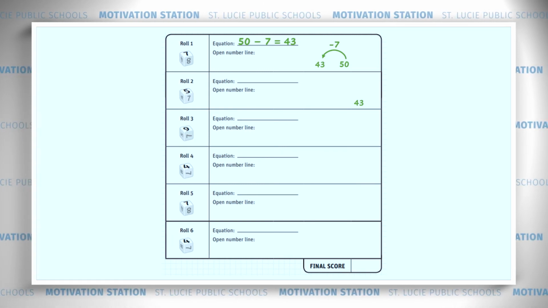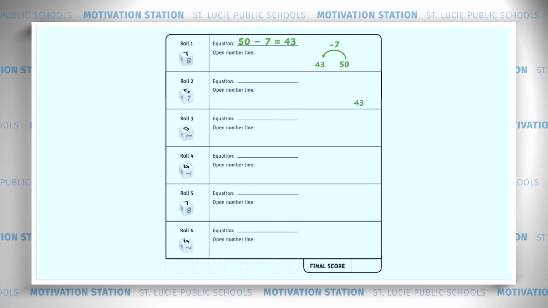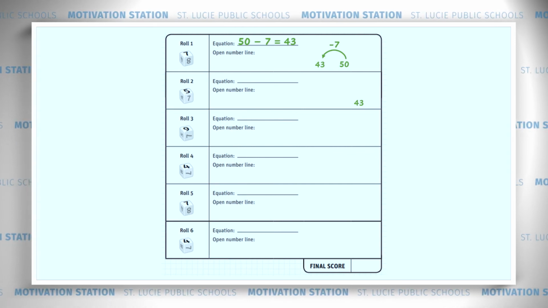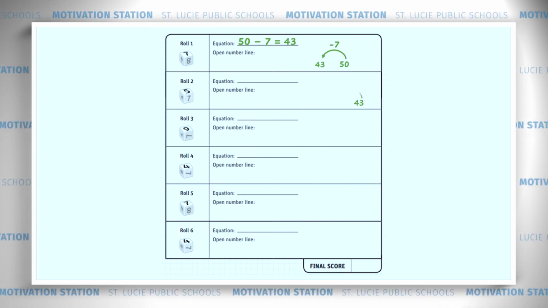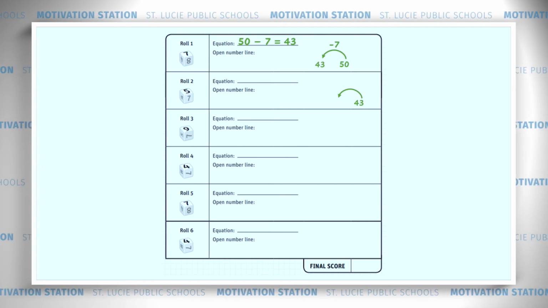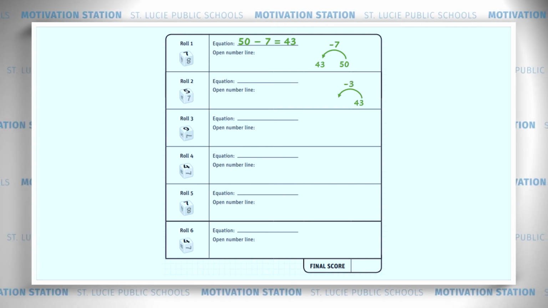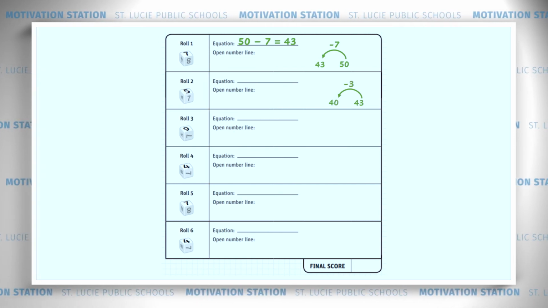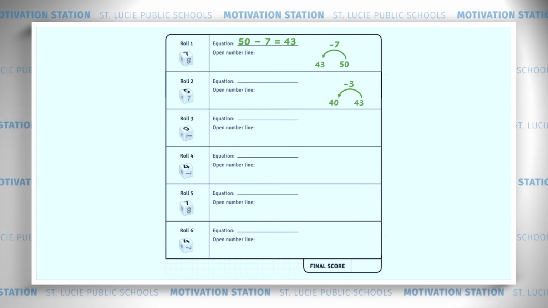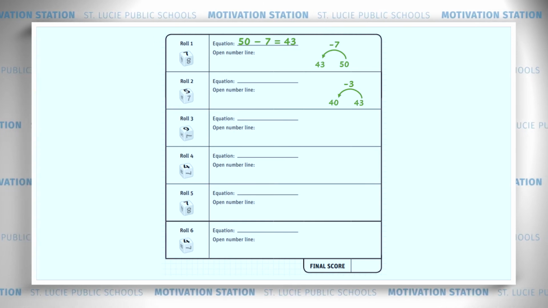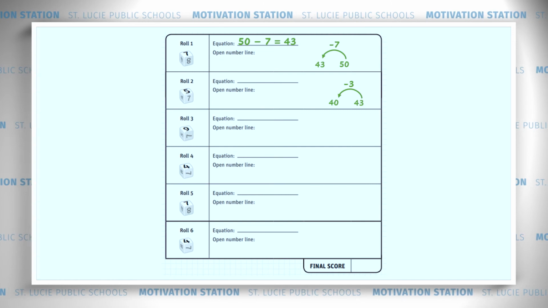So I want to go to the next 10 down from 43 because I'm subtracting. So that would be 40. To get from 43 to 40, I have to take away 3. So I write that for my number line. 43 minus 3 is 40.